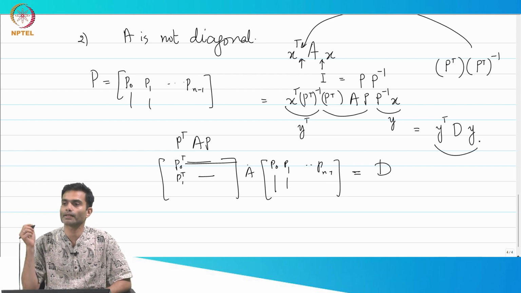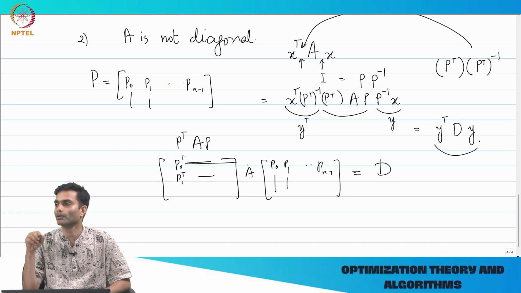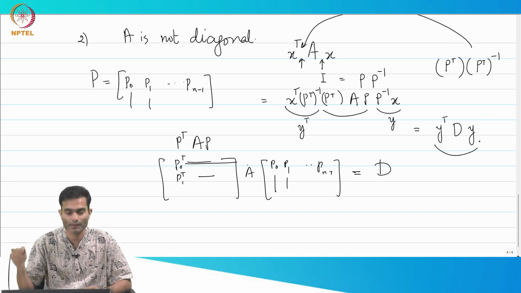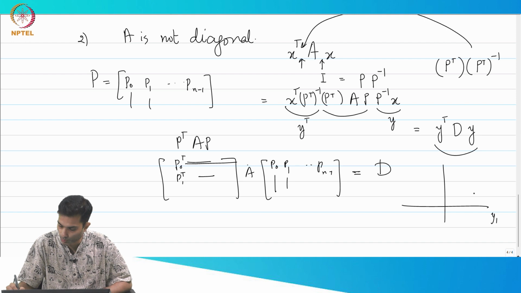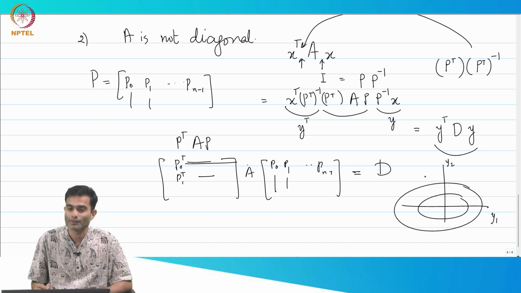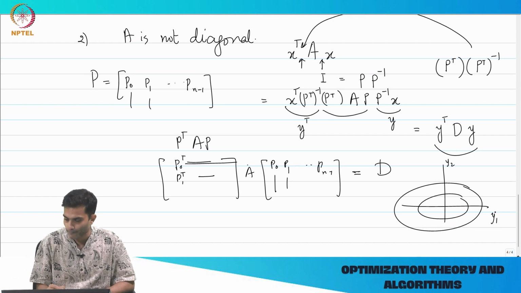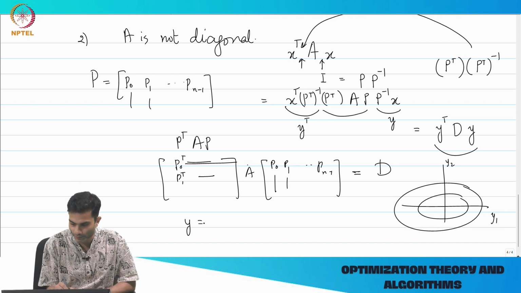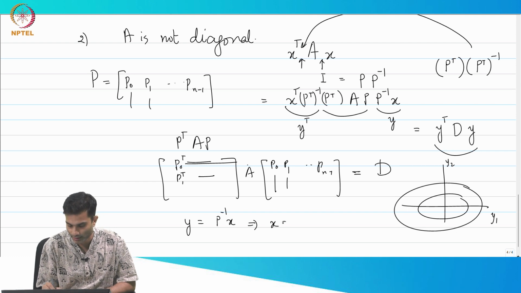What does this look like now? This looks like case 1, right? In the Y coordinate axis, what shape is it? An ellipse, right? If I plot this along Y1, Y2, I'm going to get ellipses. And we already have Y equal to P inverse X, which implies that X is equal to P times Y.